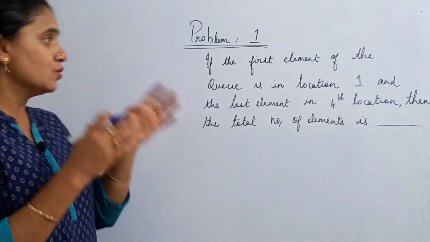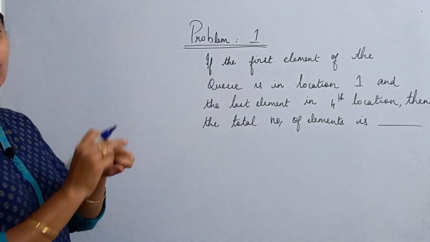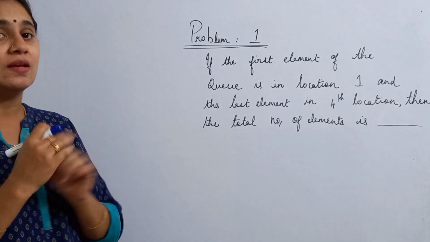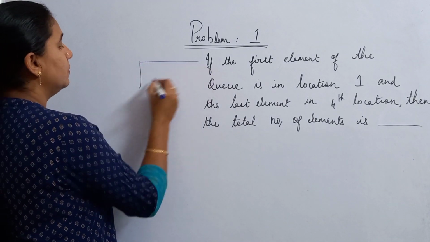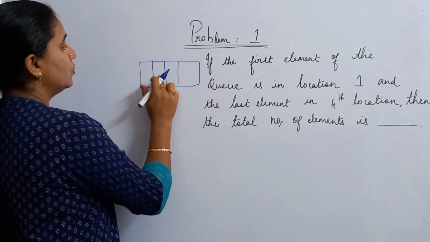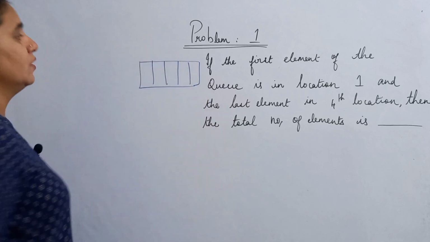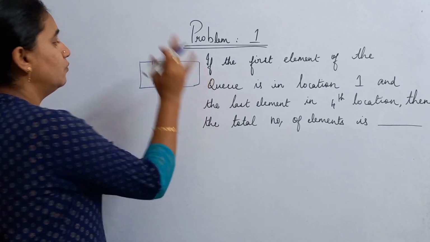Okay friends, before going into the discussion, you must know how a queue data structure is represented. For an example, I will draw this. The queue will be like this, isn't it? 1, 2, 3 and 4.